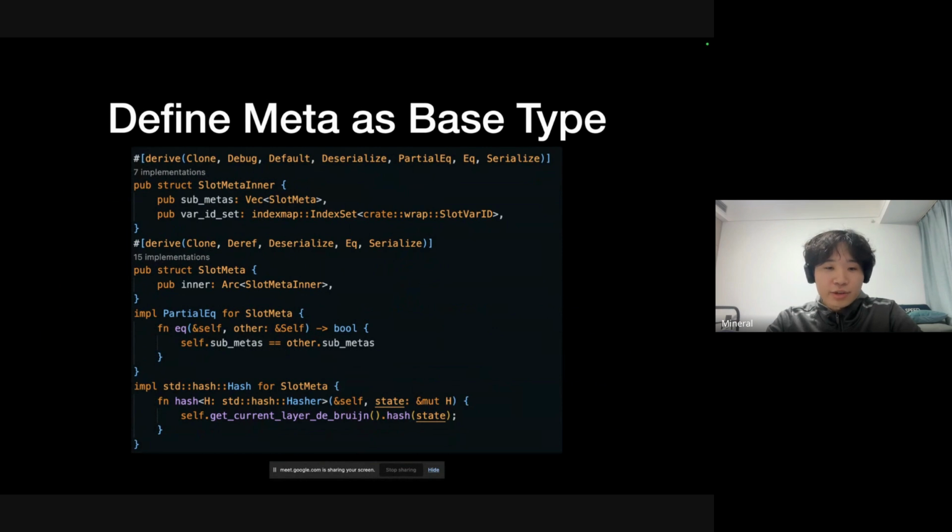We can see that we define the hashing and partial equality for the slot meta. And by using these 2 traits, we can make egglog know that we can eliminate all the slot meta with simple hashing. This is helpful in removing the redundant nodes.